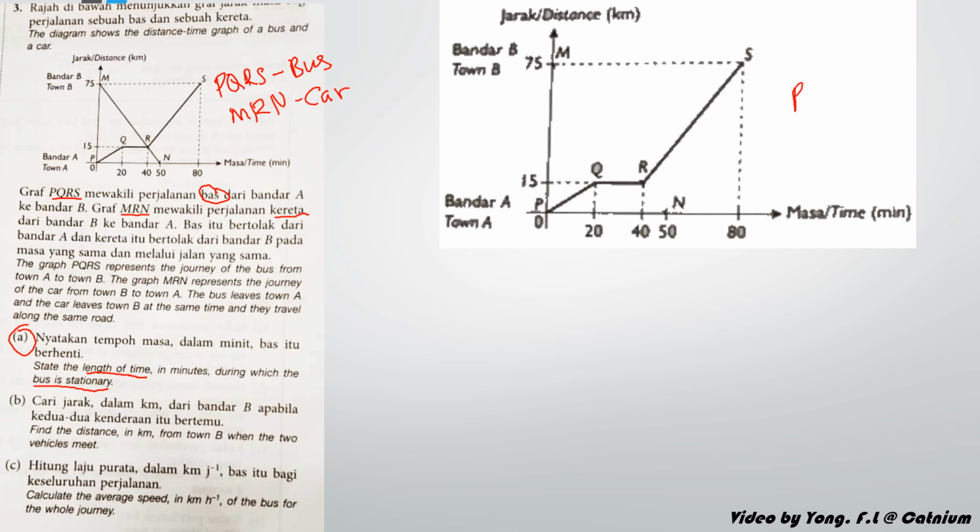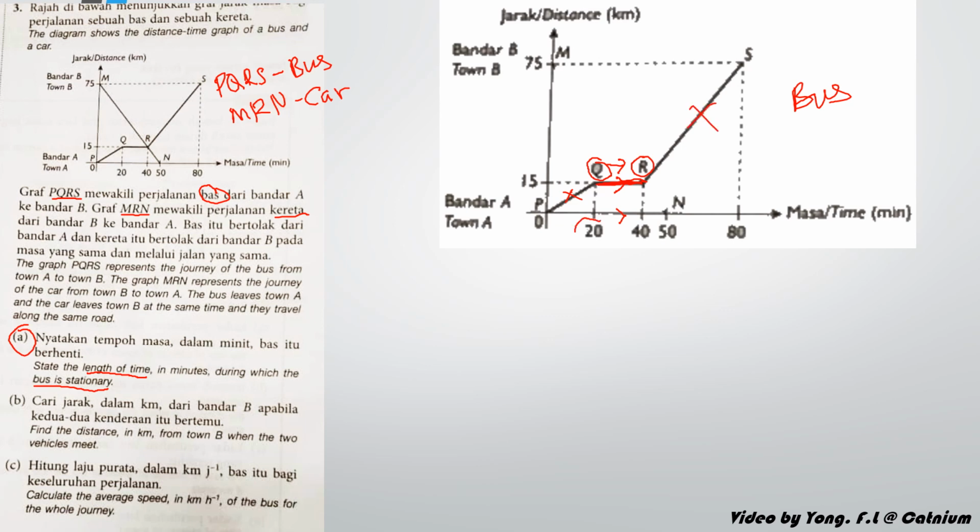This one is for the bus only. We are looking for the line where the object is stationary, which is parallel to the x-axis. Ini garis yang kita maksudkan, yang horizontal to the x-axis. It's from here to here only, and the rest are not related.